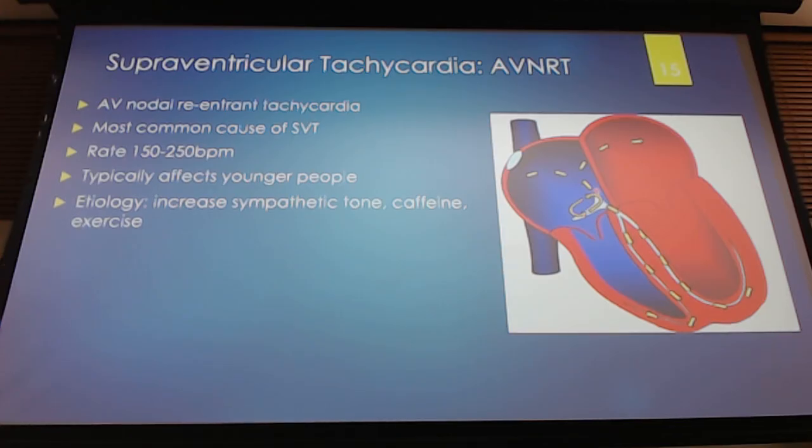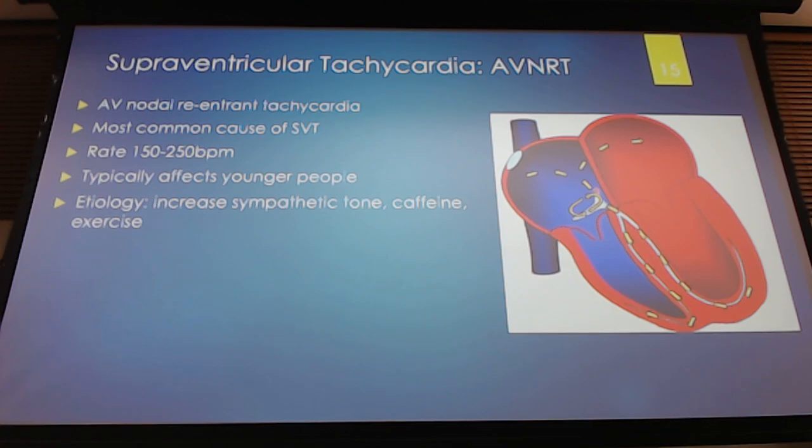There's something wrong with the AV node, and a lot of these patients are actually born with this, but some of them can develop it. They get some sort of scarring that occurs at the AV node. And when you get that scarring, it allows sometimes for the AV node to work appropriately, where we have that slight delay. But then the other part of that AV node is a really fast depolarization that's occurring.